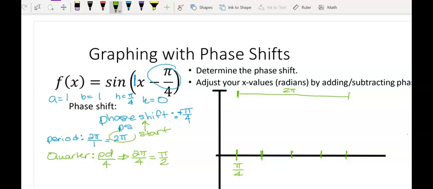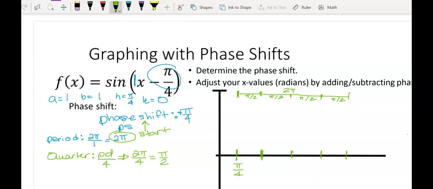My period is right here at 2 pi. From there to here is pi over 2, and I've got pi over 2, another pi over 2, and another pi over 2. All of that adds up to 2 pi.